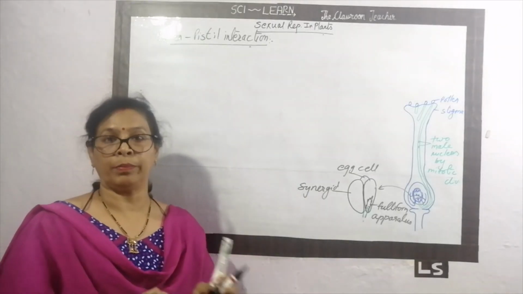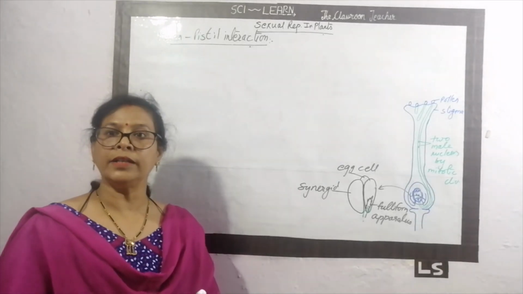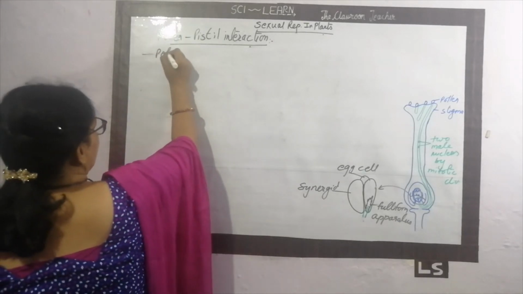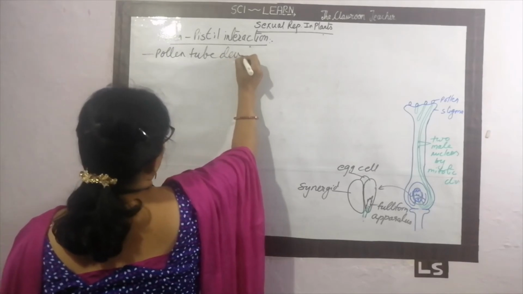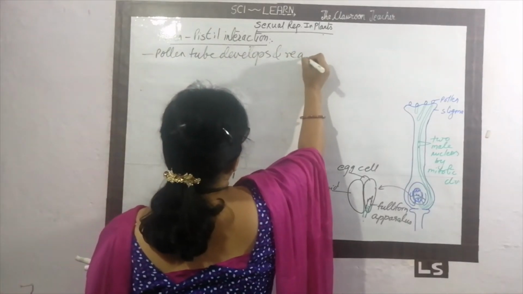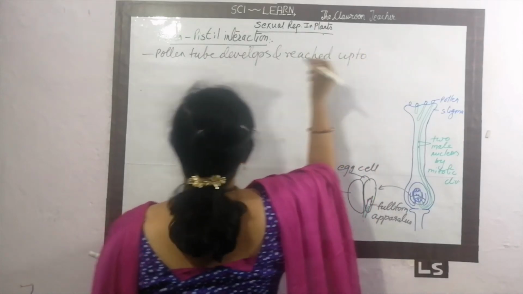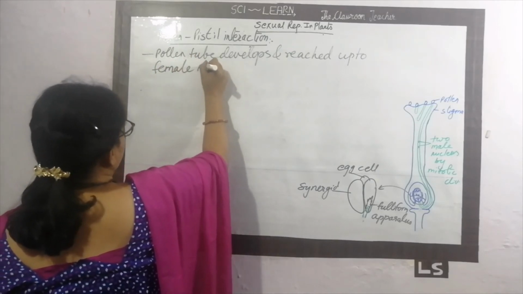That is a separate topic. Then what happens? The pollen tube develops and reaches up to the female nucleus.